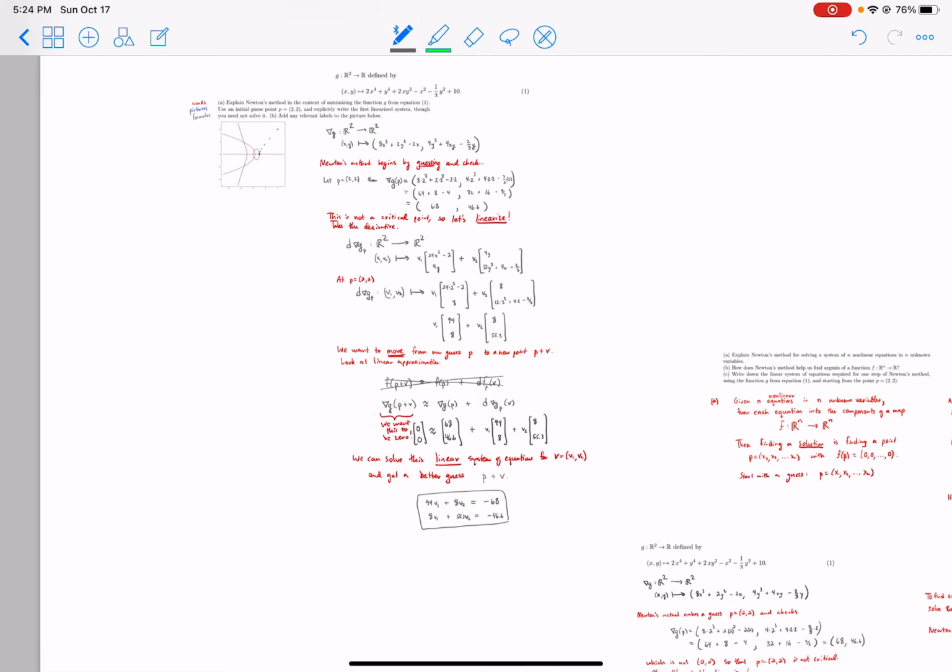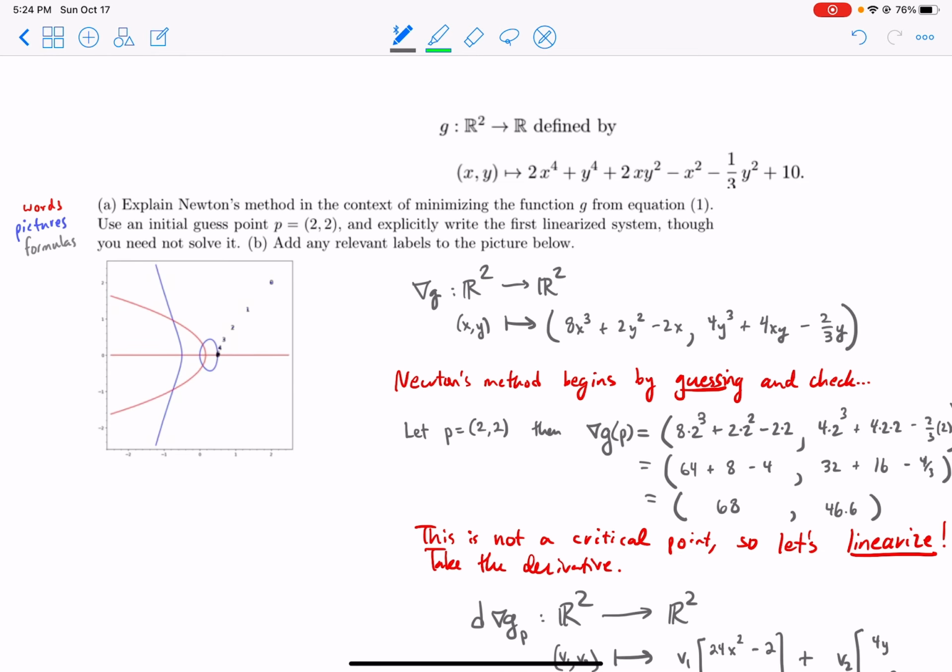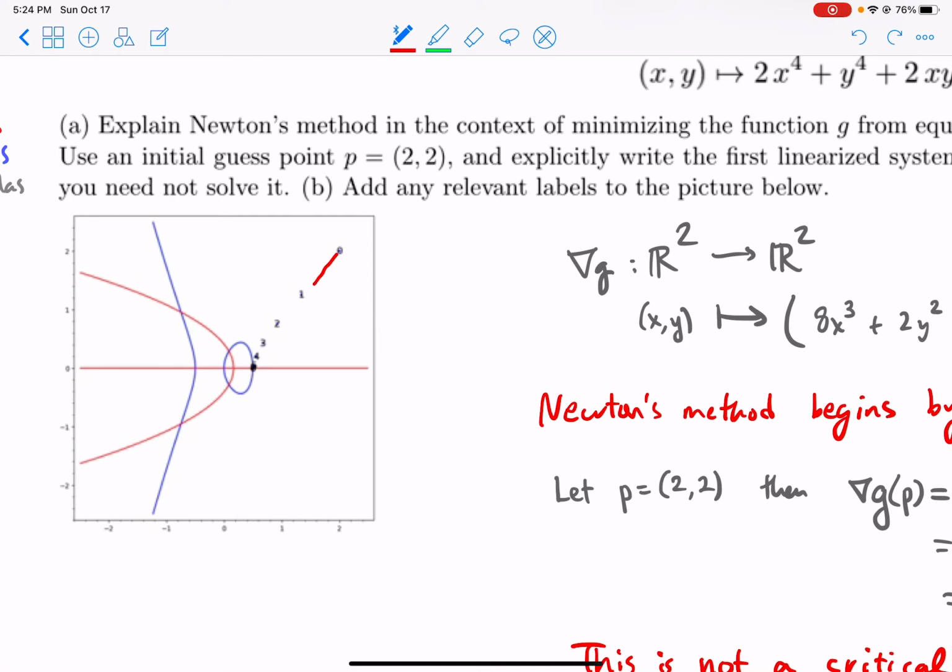So now the question specifically said, write the first linearized system, though you need not solve it. Okay, so we're done. We used the initial guess point, we linearized the system and wrote it down, and we're not going to solve it, but then what it would do is it would produce this step.